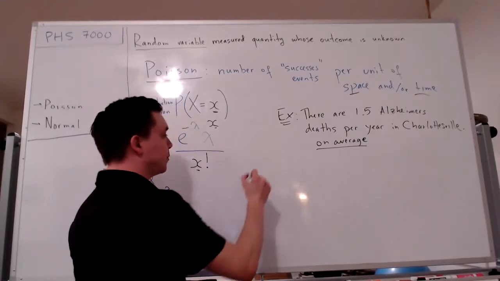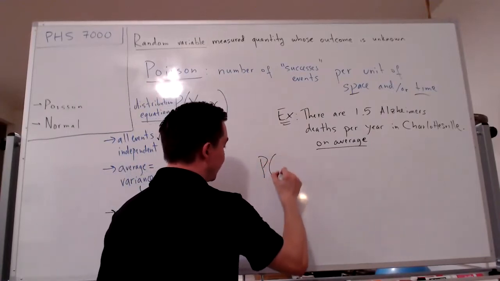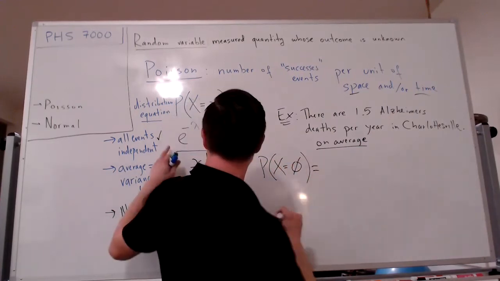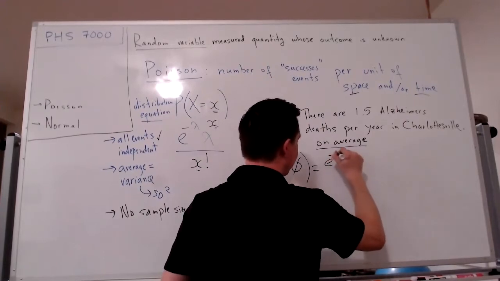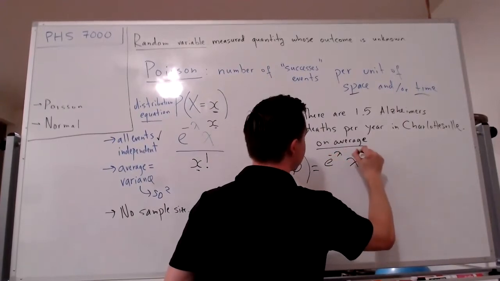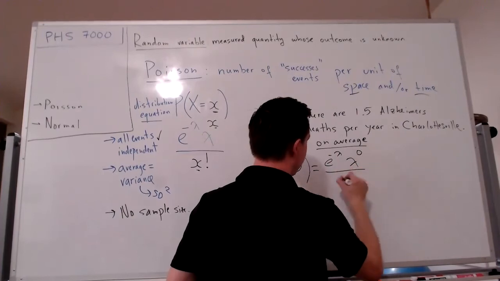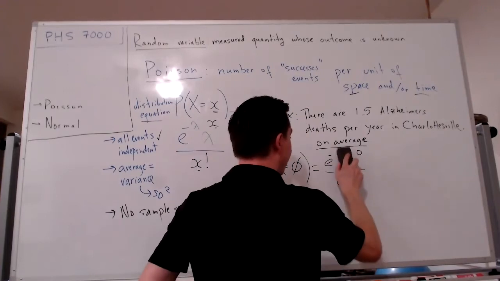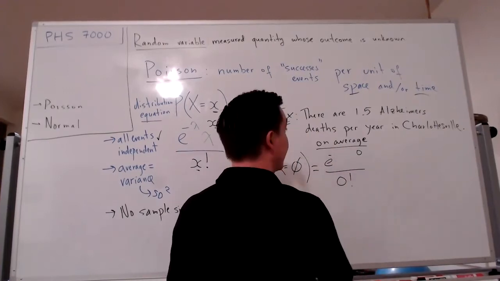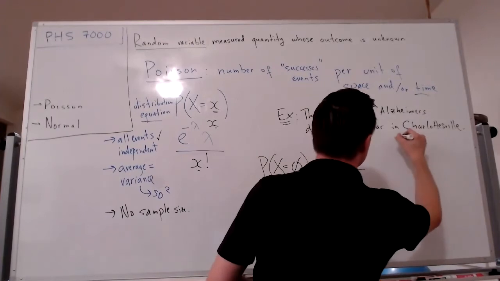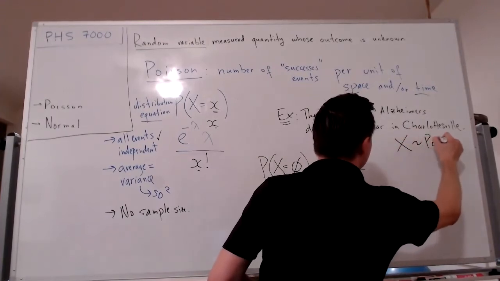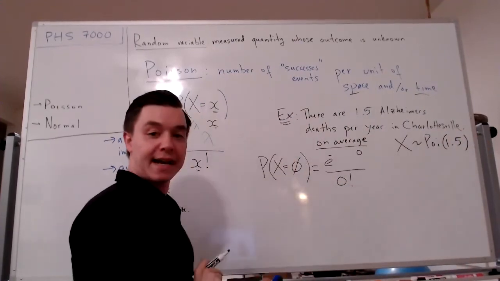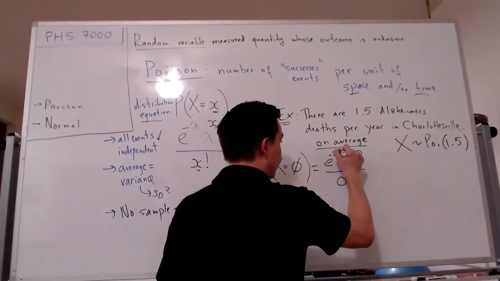All right. I can compute, for example, the probability of having exactly no deaths. I'm just going to plug it in: e to the negative lambda, lambda to the 0, over 0 factorial. And by the way, I am assuming that my variable follows the Poisson distribution with lambda equal to 1.5.